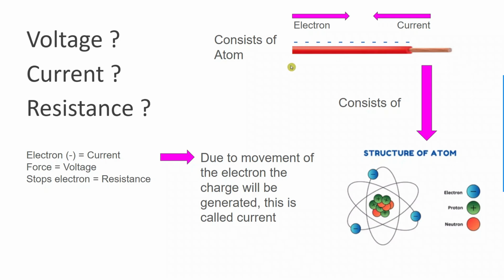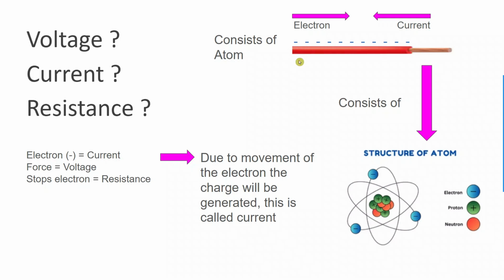For example, we apply pressure, which is voltage, from this side, then electrons will start moving to the right side and charge will be generated. The charge is nothing but current, and current will flow in the opposite direction of the electrons. If electrons flow from left to right, then current will flow from right to left.